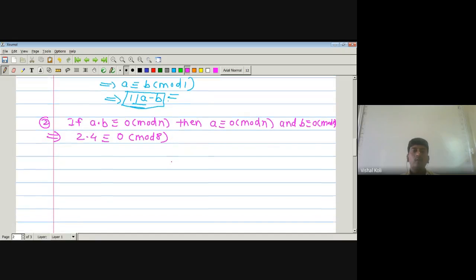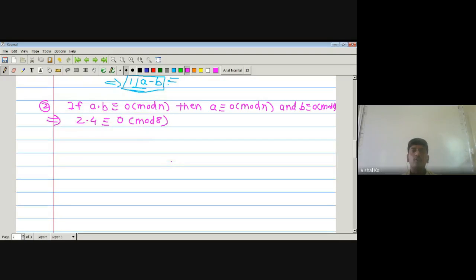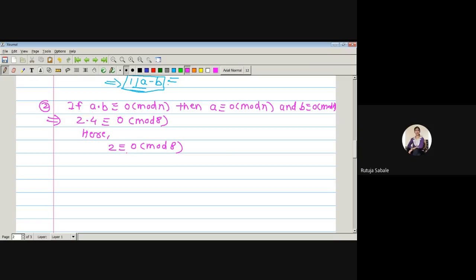Now we have to check whether a is congruent to 0 modulo n or b is congruent to 0 modulo n. Whether 2 is congruent to 0 modulo 8. Is this possible? No sir.